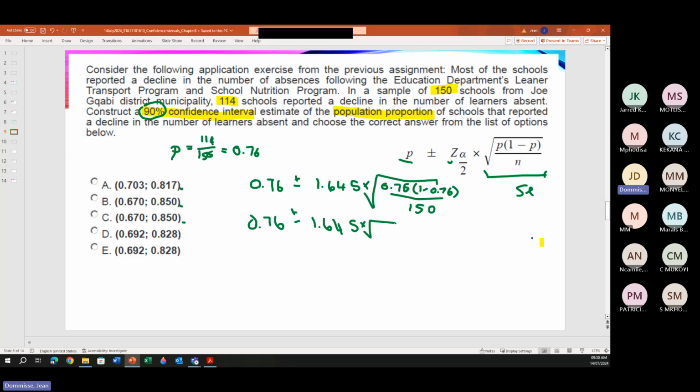So when I work that out underneath, it is 0.0012, and then if I take the root of that, it will be 0.0349, and then times 1.645.